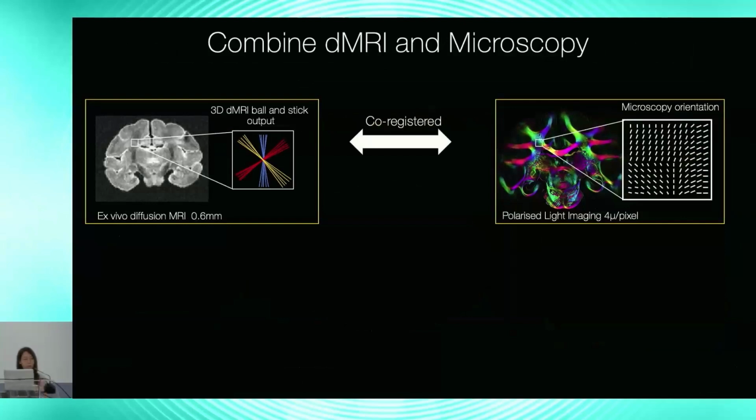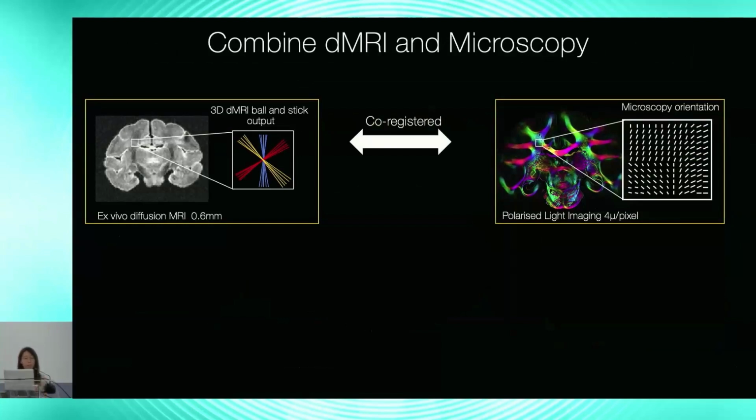And so these are the steps for how we are going to do that. On the one side, we have diffusion MRI, and usually we can model the fiber orientation in each voxel by some physical modeling. One common method is called the ball and stick model, and it is implemented in FSL.